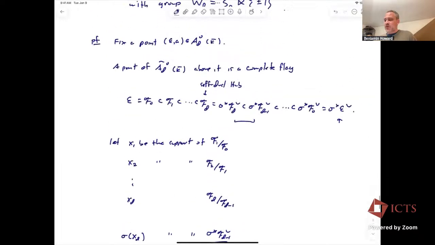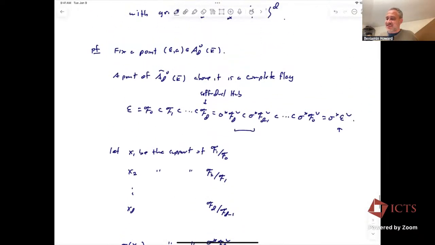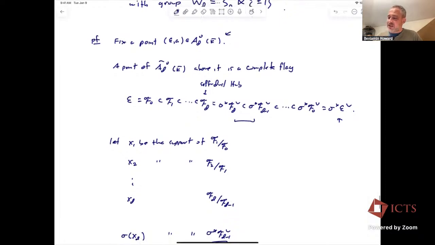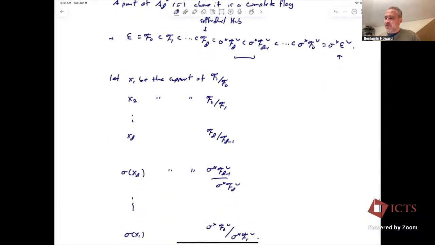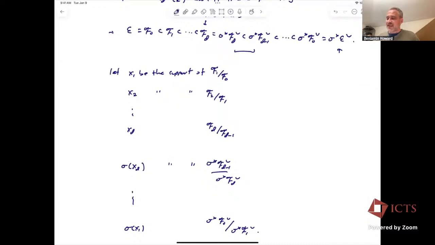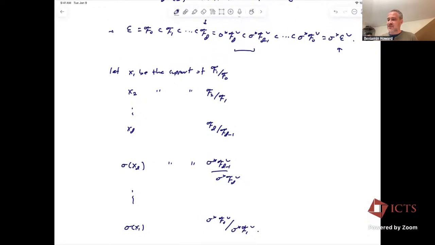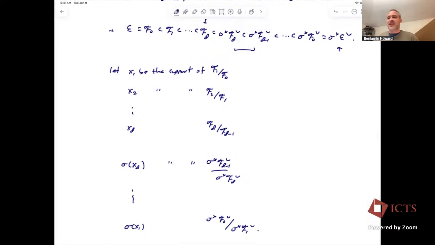So what is this saying? It's saying that once I fix a point downstairs on the Hitchin base in the regular semi-simple locus, to give a point above it is to give this flag, but in fact, this flag is completely determined by saying what the supports of these co-kernels are, because I just have to tell you, okay, you enlarge it at this point, and this point, and this point, and do it in this order.